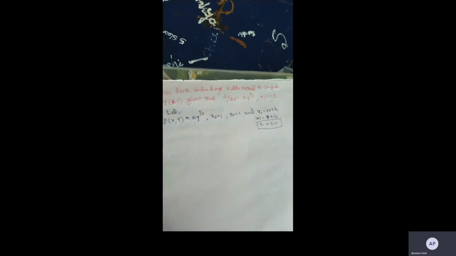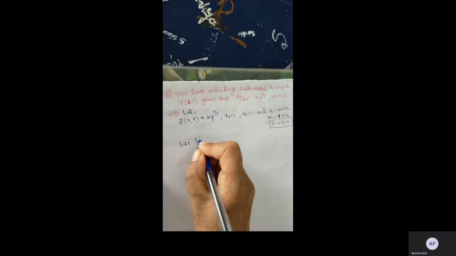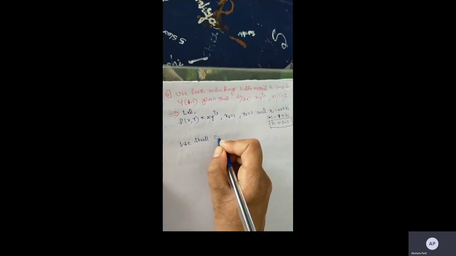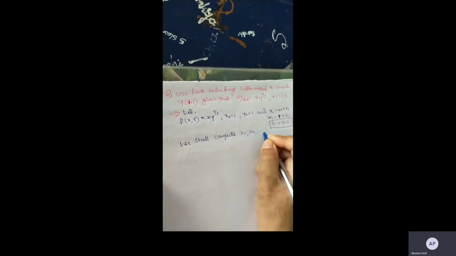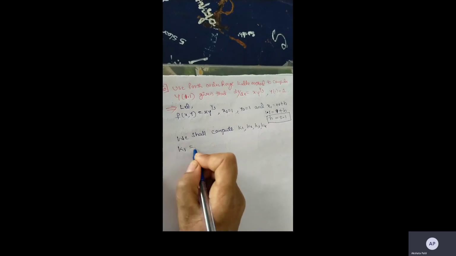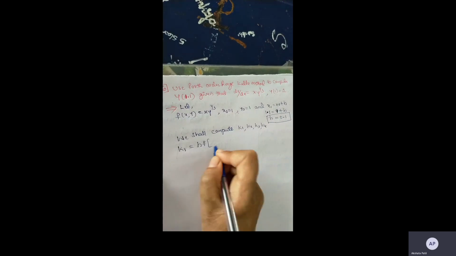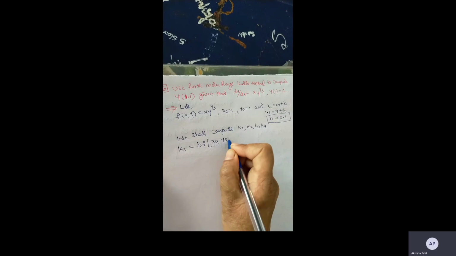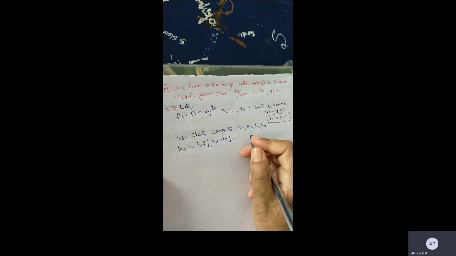After calculating the h value, we shall compute k1, k2, k3 and k4. First calculate the K1 value. K1 equals, the formula is h into the function of x0 comma y0. We know the value of h here, that is 0.1, into the function of x0 is 1 comma y0 is also 1.